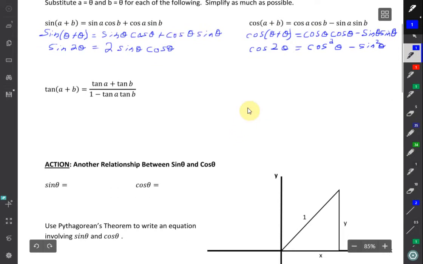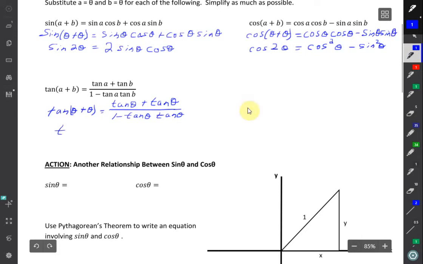And finally, looking at tan theta plus theta, it is equal to tan theta plus tan theta all over 1 minus tan theta times tan theta.